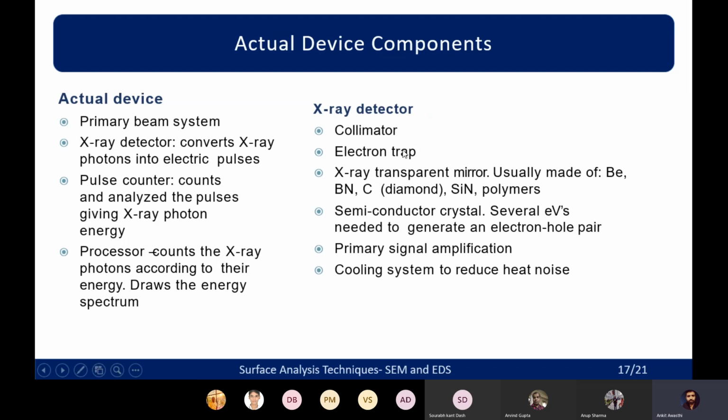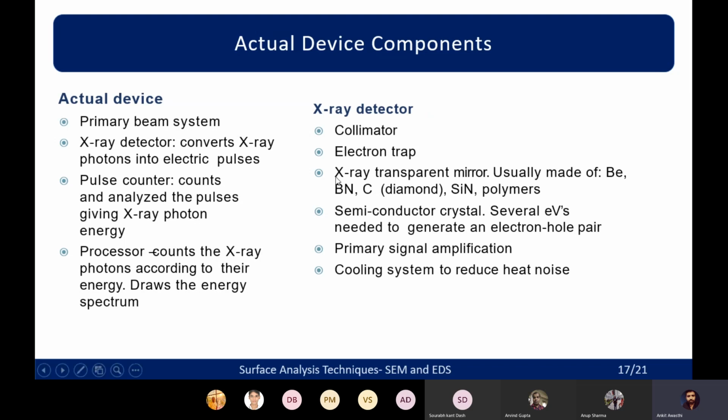Sometimes we are capturing X-rays only, but some electrons also come into the collimator. For that we have to remove these electrons from the signals we are receiving. So we use this electron trap, which is a kind of magnet that attracts these electrons and passes only the X-ray photons.